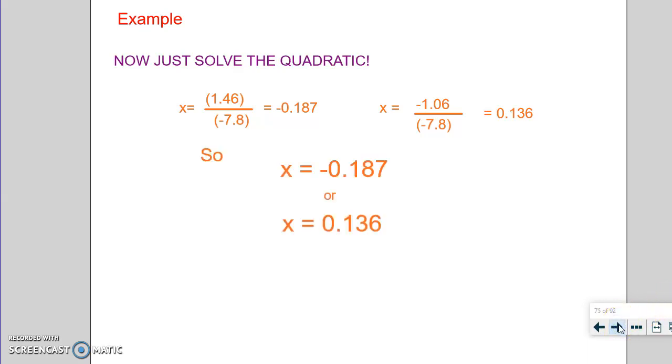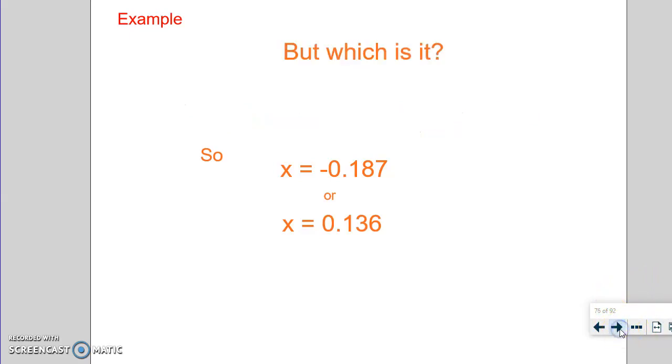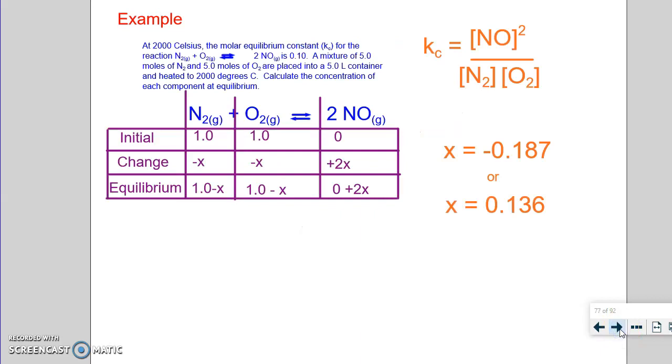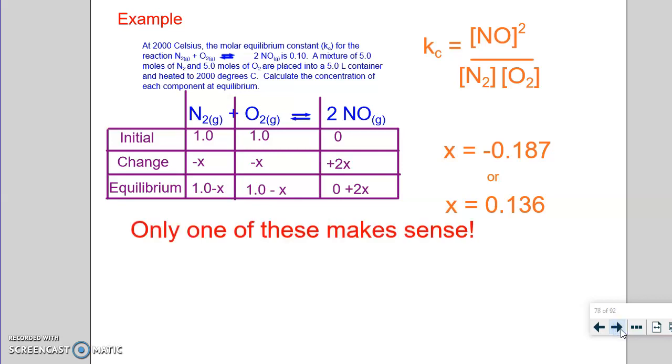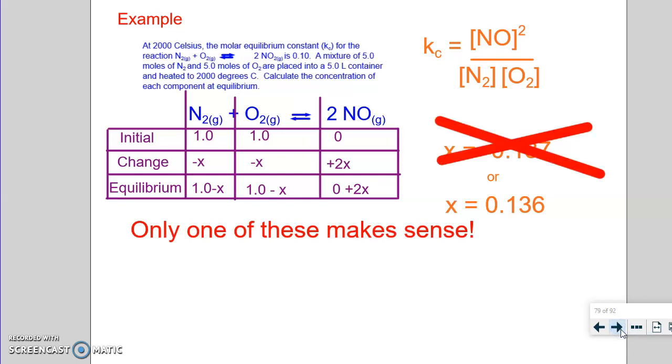So the answer is one, but not both of those two things. And so we have to figure out which is the correct answer. So going back, these are our answers. But remember that x means something. So if we go back and substitute these x's in, what we'll find is that one of these answers will not make any sense at all. And why not?